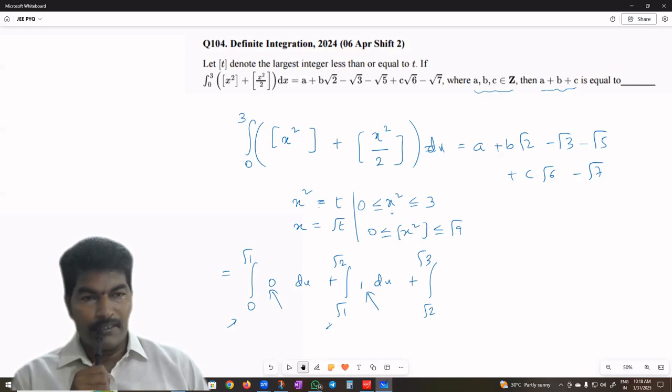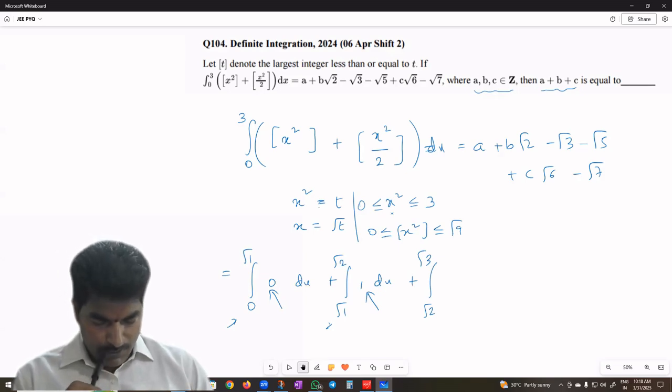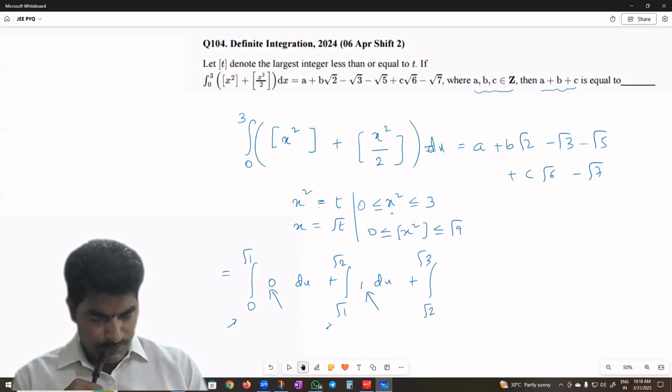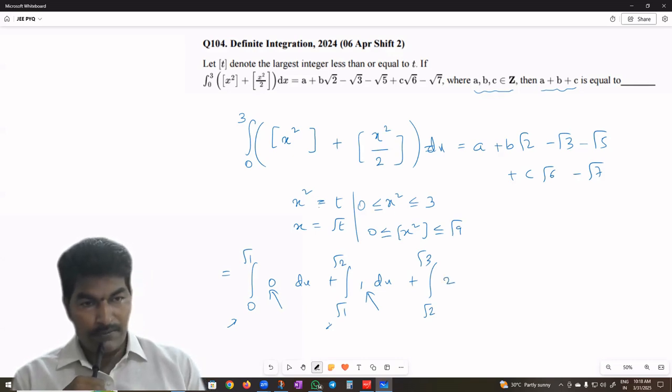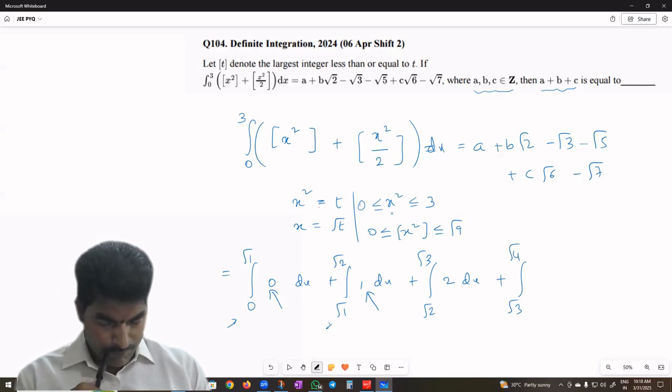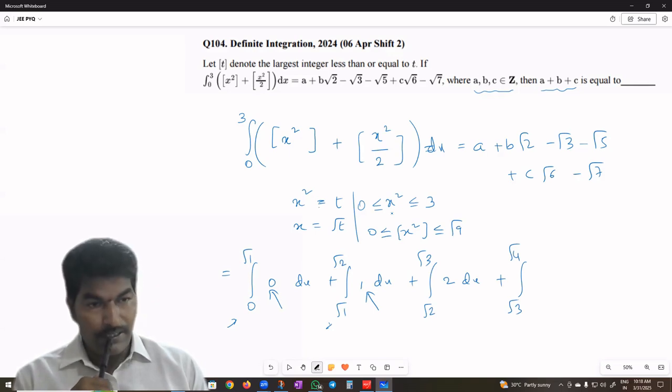Which one comes first in this case? 2 comes here, 2 dx, because it was x². Plus, the next is √3 to √4, and 3 comes here, 3 dx.